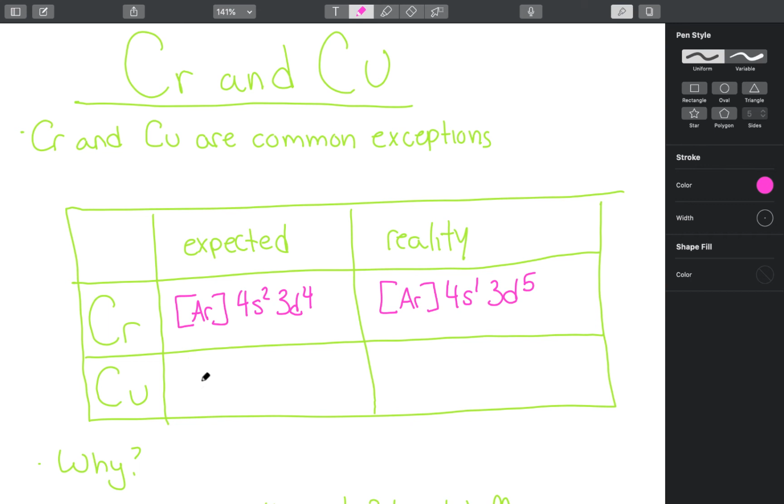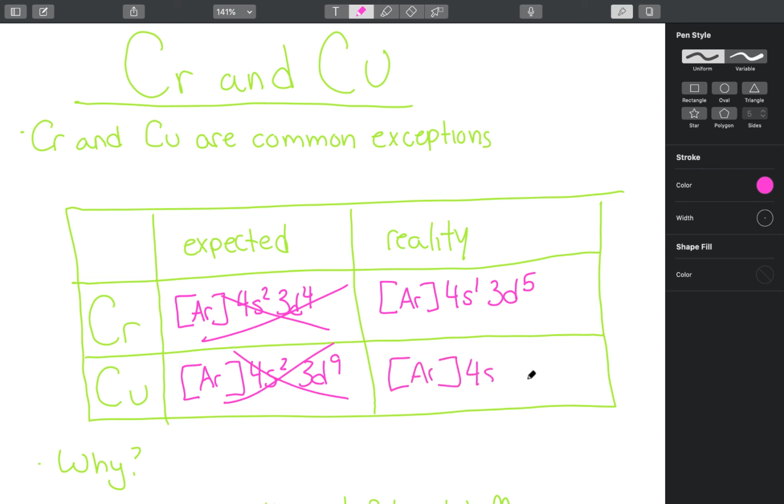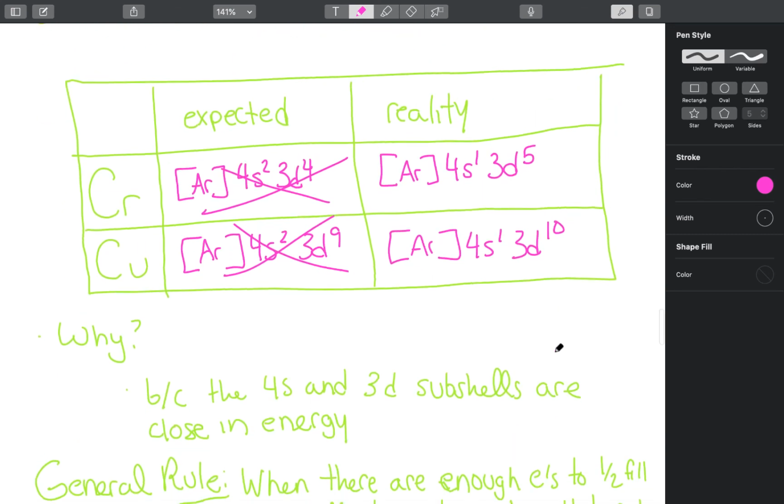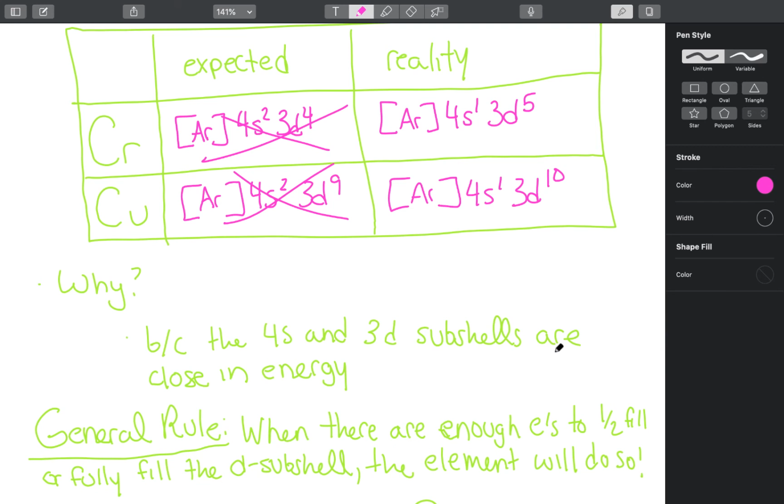Now let's do it for copper. So copper also has the noble gas core equal to argon, and you would expect it to be 4s2, 3d9. However, this is not the case. So let's actually cross these out. In real life, it is argon for the noble gas core, 4s1, 3d10. So why?